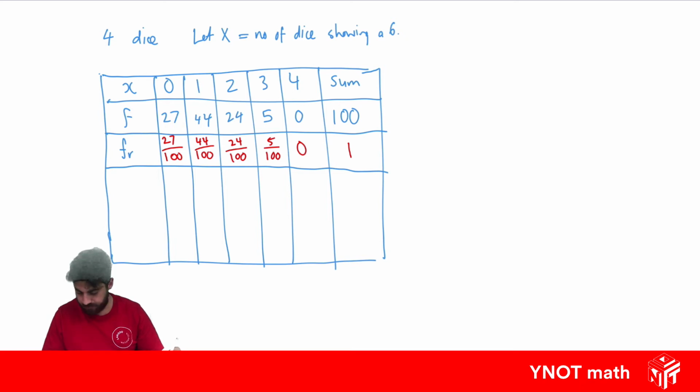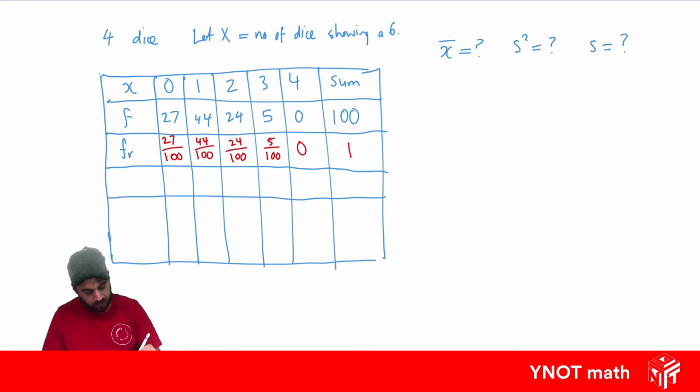And what we're after here is we want to find our mean, our sample variance, and our standard deviation. So our next step is going to be multiplying our values of x by our frequencies.